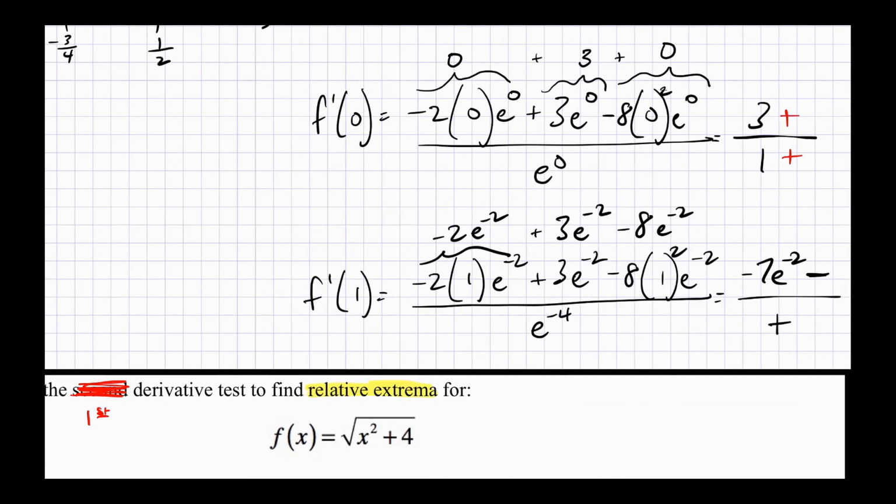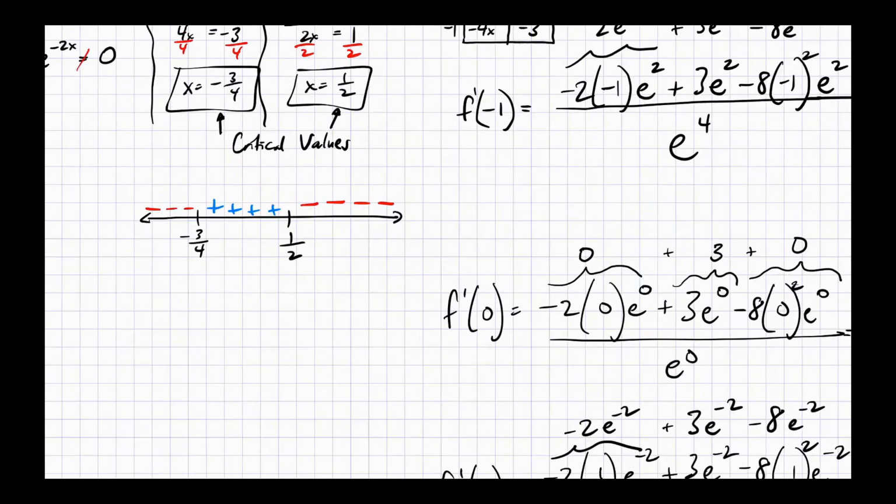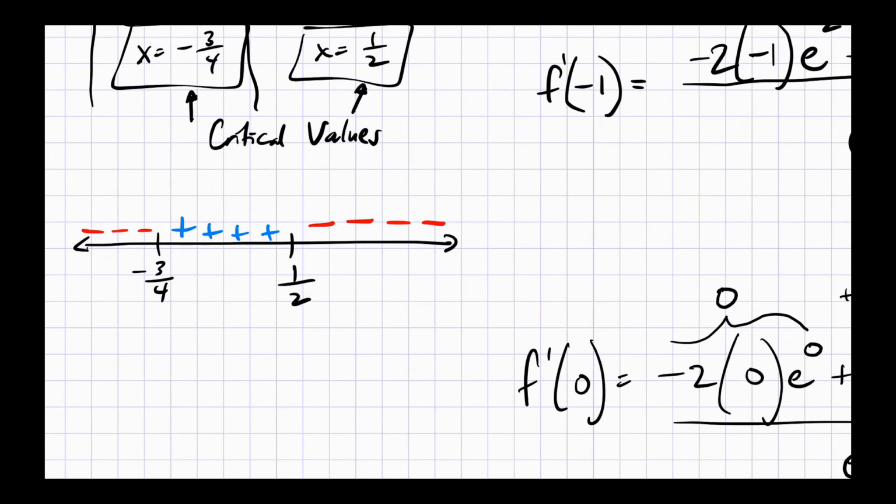-3/4, -3/4, -3/4. So, oh, for the first one, -1. So -1 would be here. Zero's here.